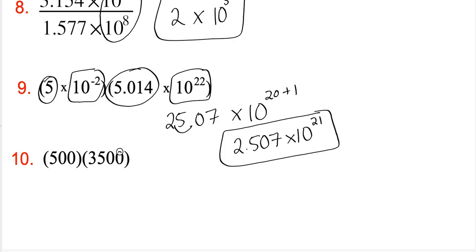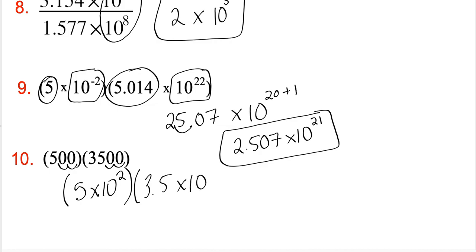So the 500 should be 5 times 10 to the second. We move that decimal place twice to get it less than 10. All right, the 3,500 should be 3.5 times 10 to the, how many times did we move that decimal place? 3 places.